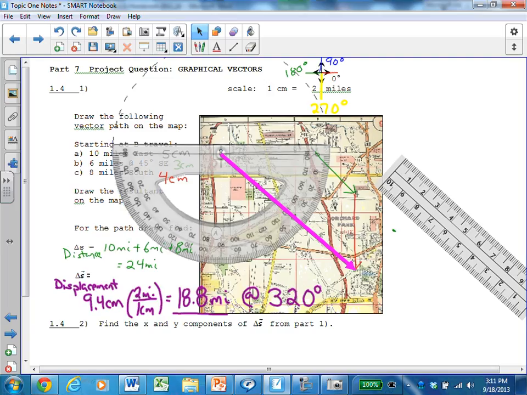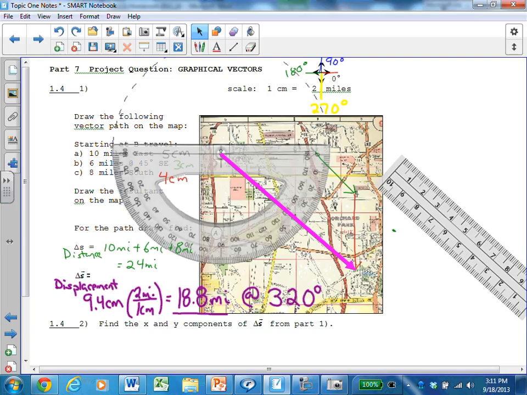It shouldn't be 20 degrees off. Okay. All right, good.